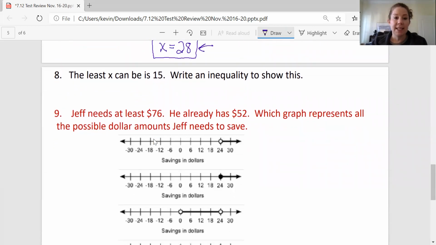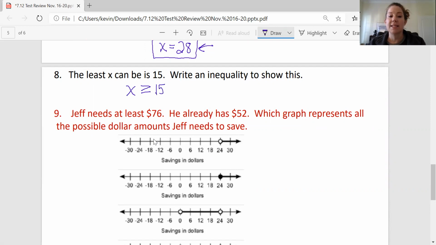Number 8, the least x can be is 15. Write an inequality to show this. So the least x can be is 15. So can x be 14? No. Can x be 15? Yep. Can x be bigger than 15? Yes. So x can be greater than or equal to 15.